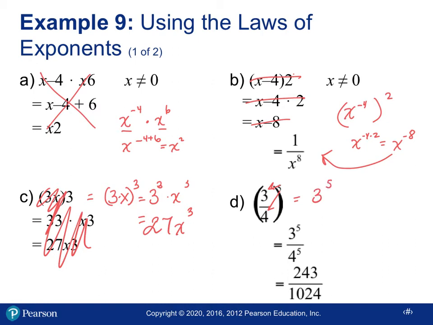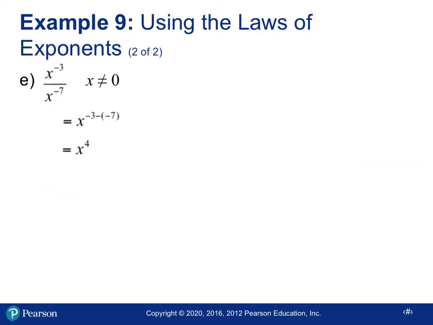So it's 3 to the 5th all over 4 to the 5th. And that actually is written out here for you. Okay, let's look at the next one. So when you divide like bases, you subtract exponents. So it's going to be negative 3 minus negative 7. So that's negative 3 plus 7. And that's how you get 4.